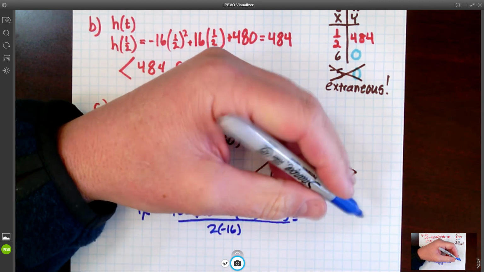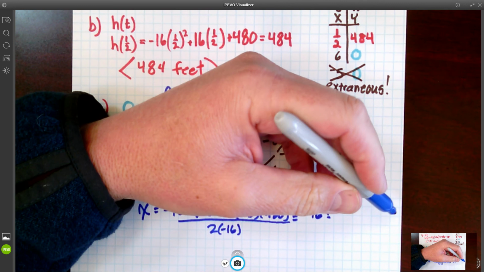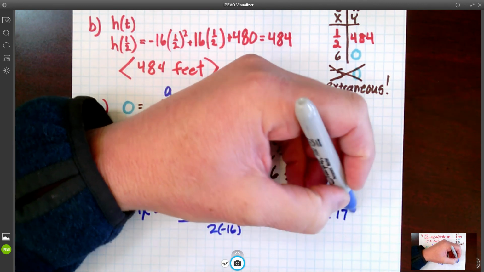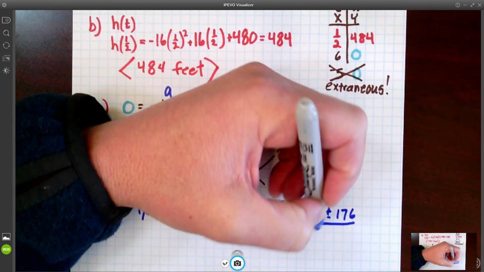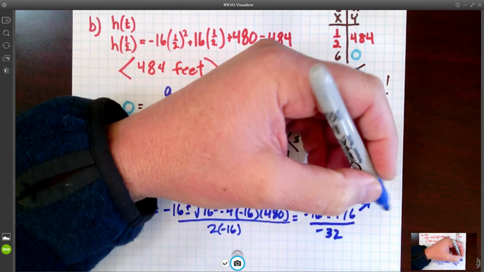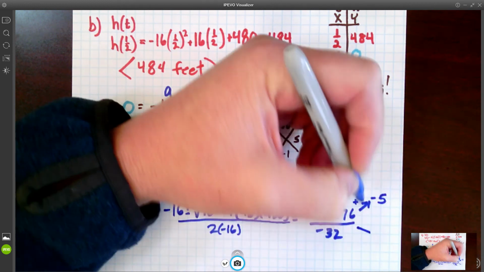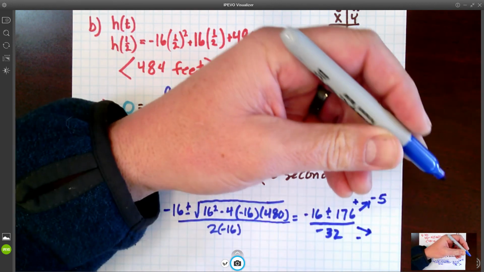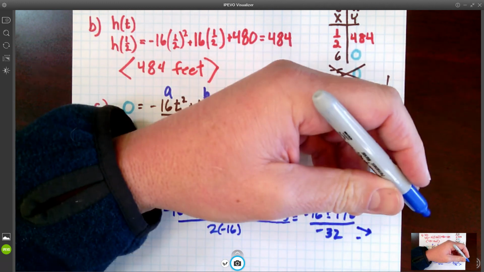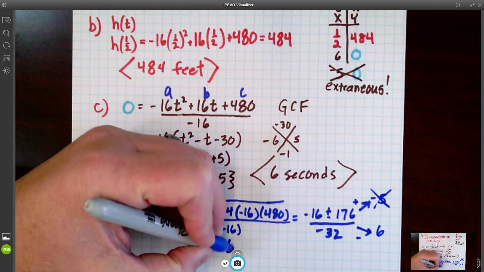It boils down to negative 16 plus or minus 176 over negative 32. One solution will be negative 5, and the other will be positive 6, and we know this is extraneous. 6 seconds is my solution.